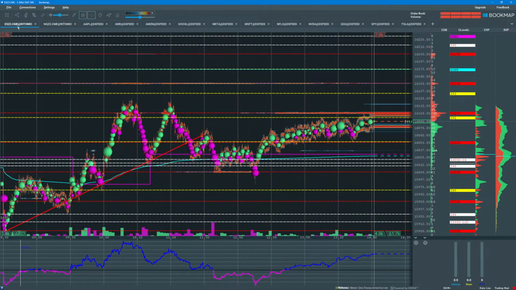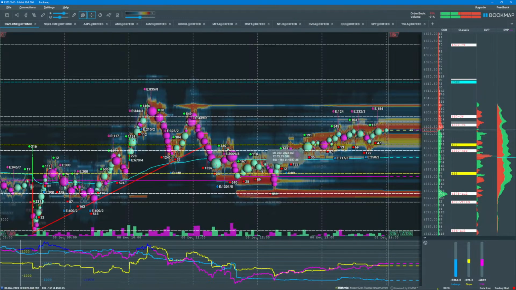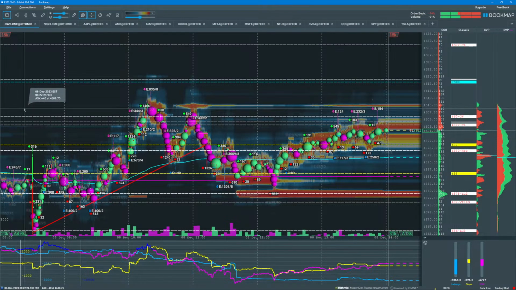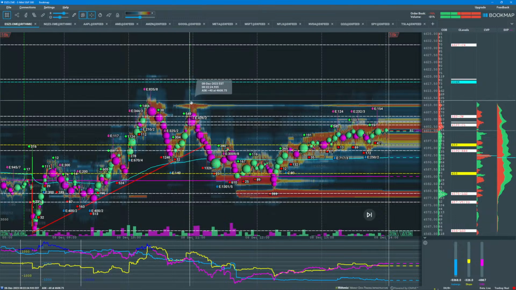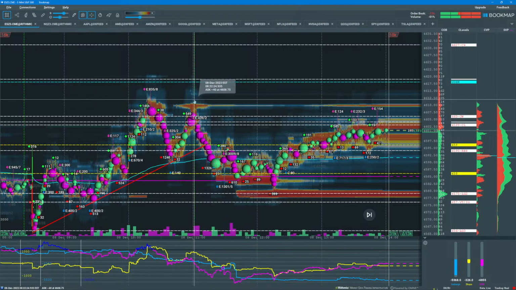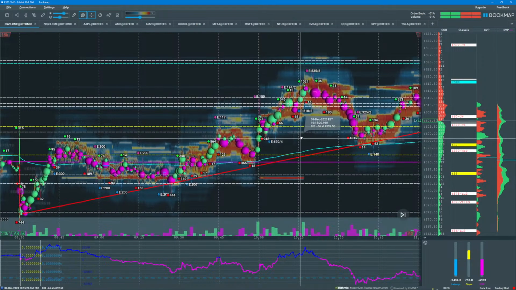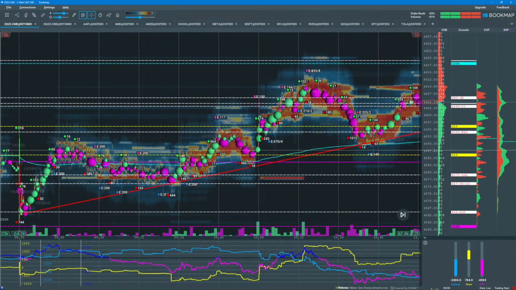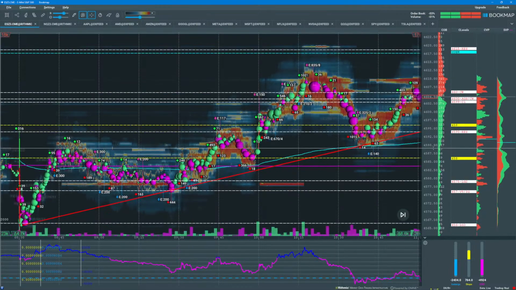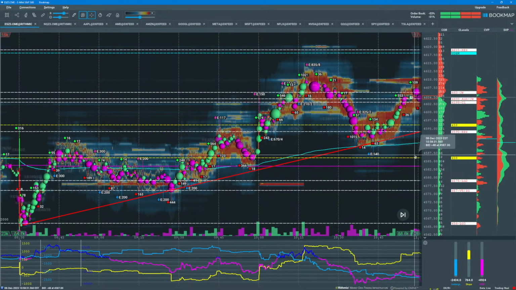Let's go back to ES. And let's just take a look at this first setup. We'll start back at 8:30 and go to the second test of the call wall. So remember, initially, traders were buying calls and selling puts.